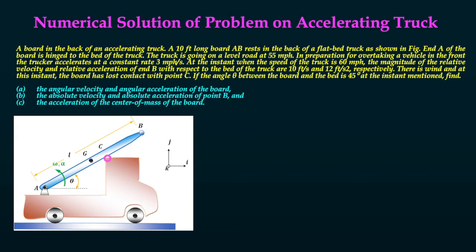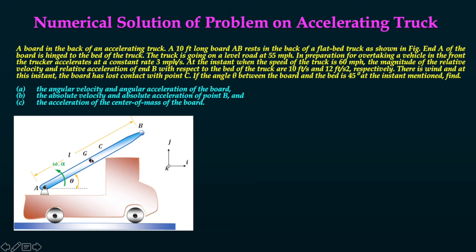Now, what to find out? The angular velocity and angular acceleration of the board, the absolute velocity and absolute acceleration of point B, and the acceleration of center of mass. This is the center of mass or center of gravity.